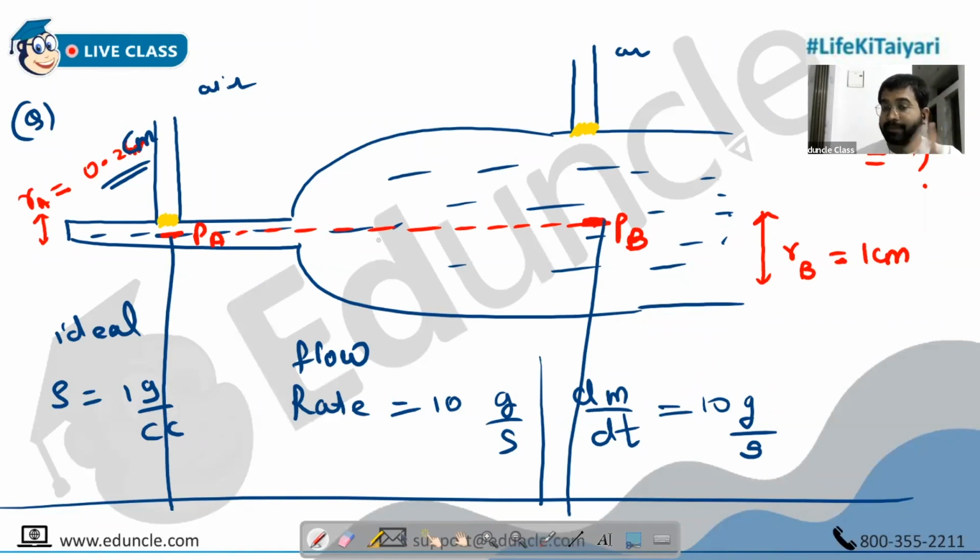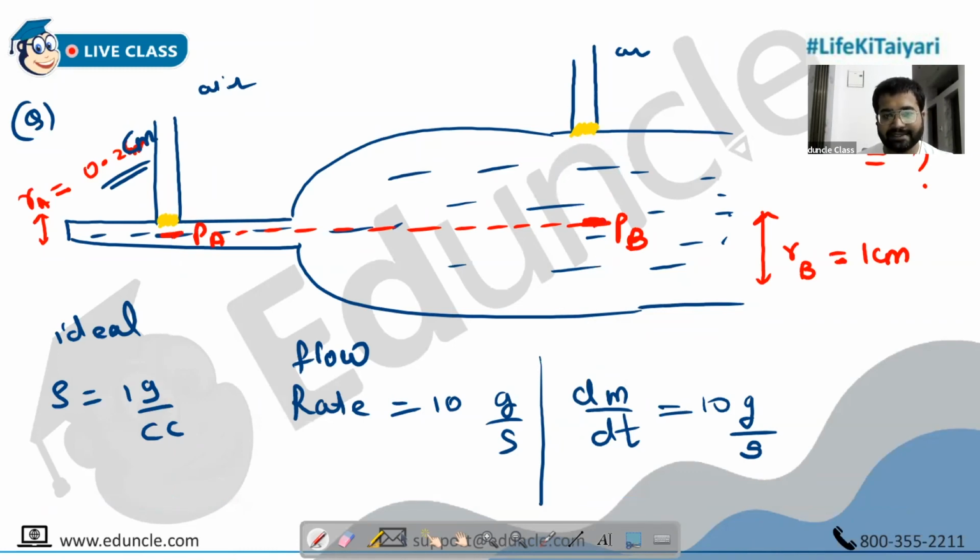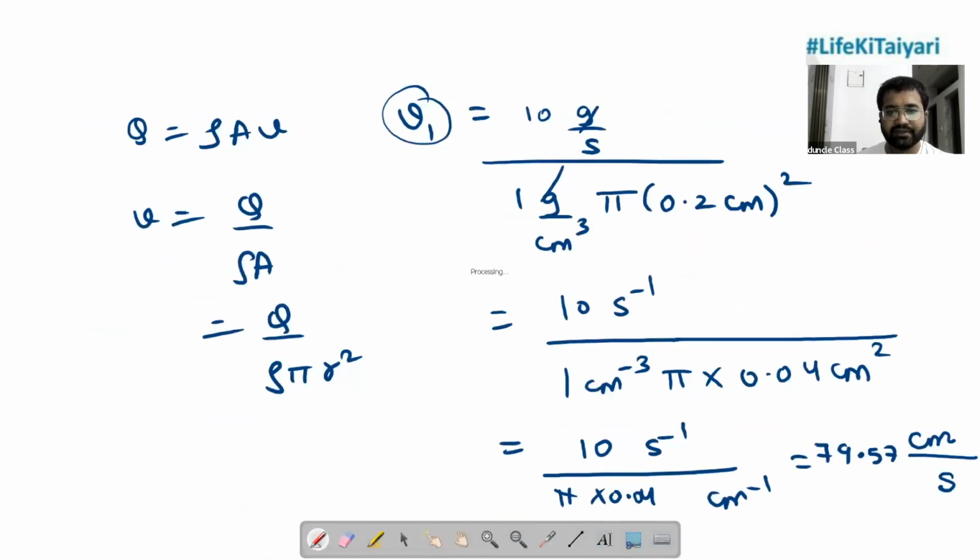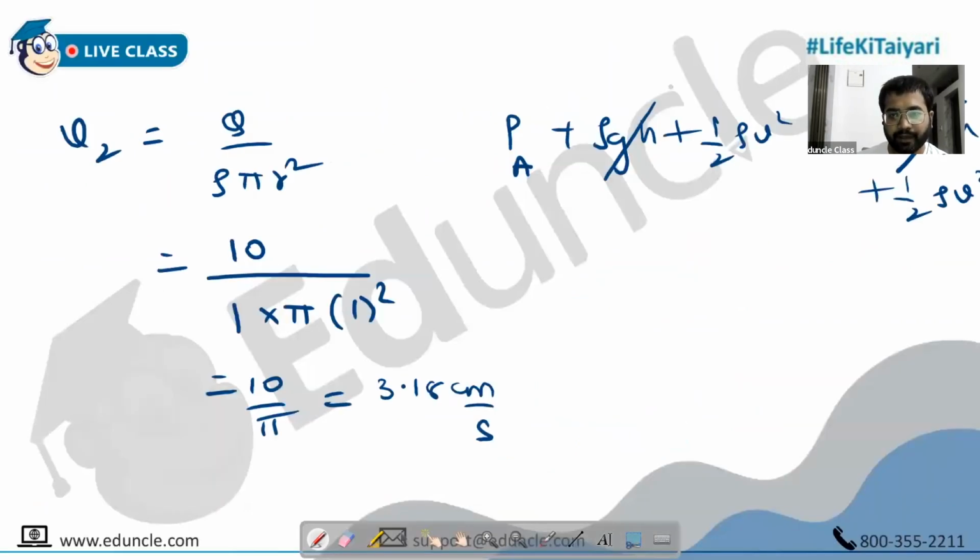A common mistake that students may make here is to think that rho GH is this depth. It's not, because right now the meaning of rho GH here is potential energy per unit volume. Please take care of that. So the height of PA and PB is the same. You can just cancel rho GH on both sides. Write it clearly. Ask me if you have questions.